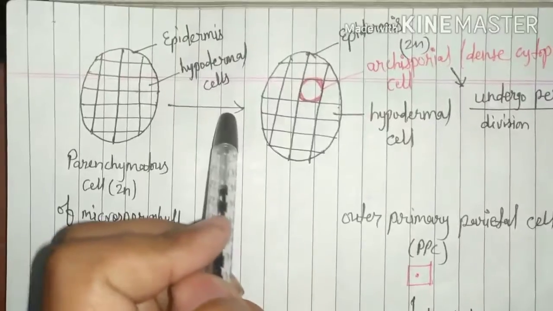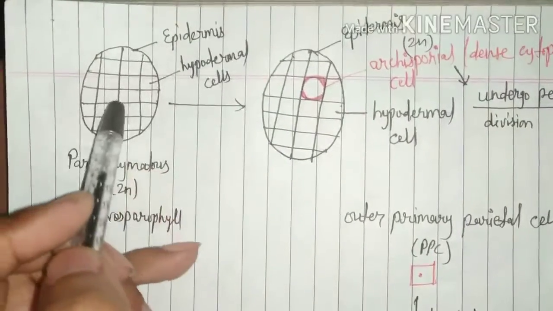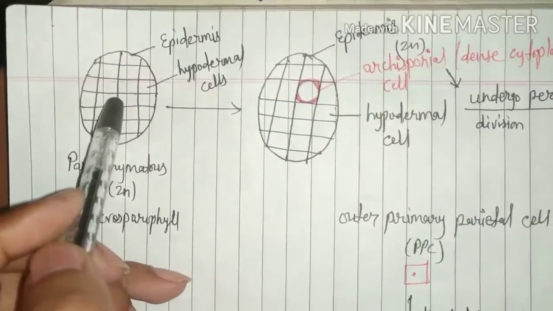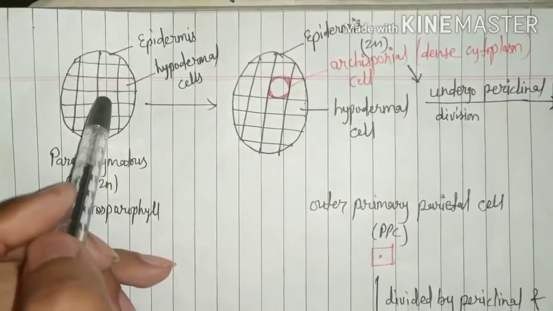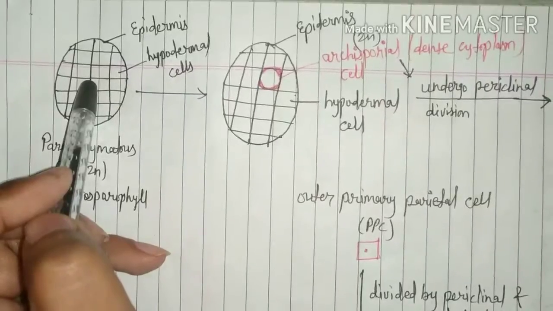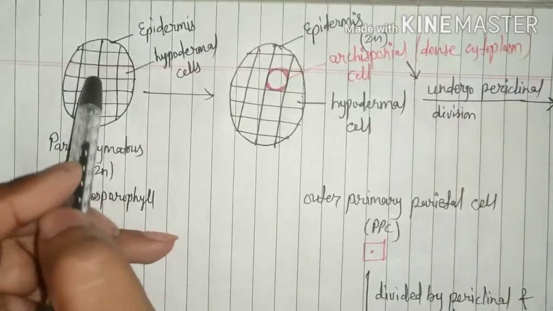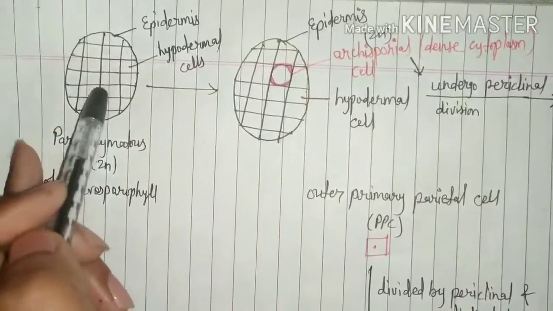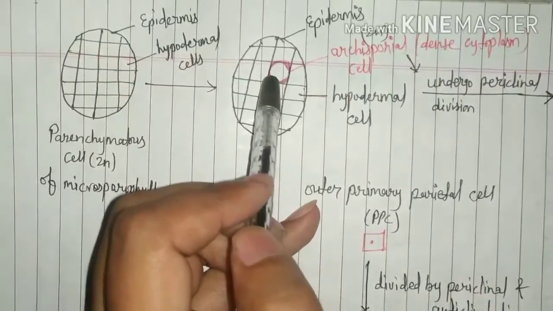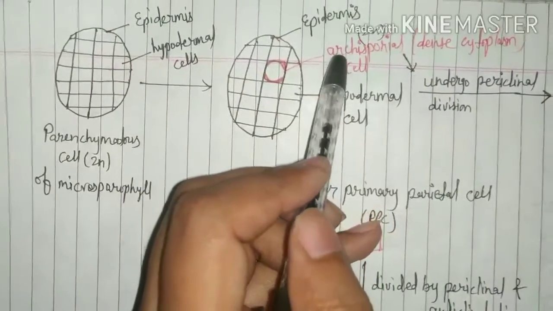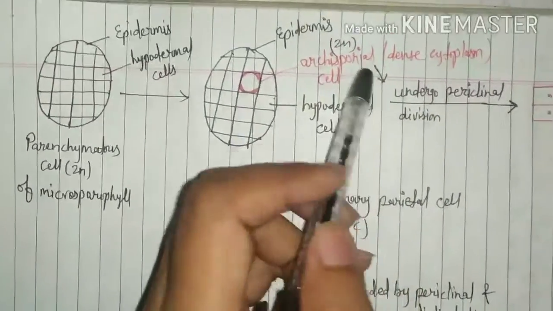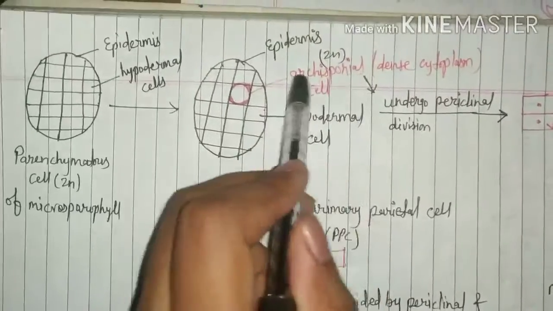After development, some cells of the hypodermis in each lobe begin to enlarge in size, and the protoplasm of these cells becomes dense compared to other neighboring cells, and a specific cell is formed which is called an archaeosporial cell or archaeosporium.